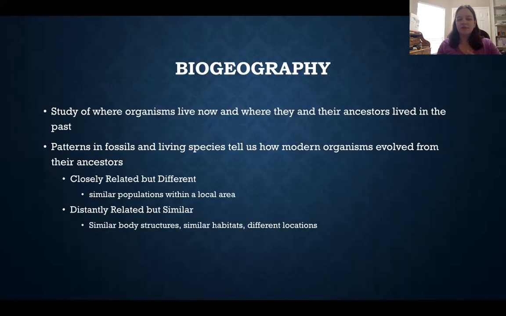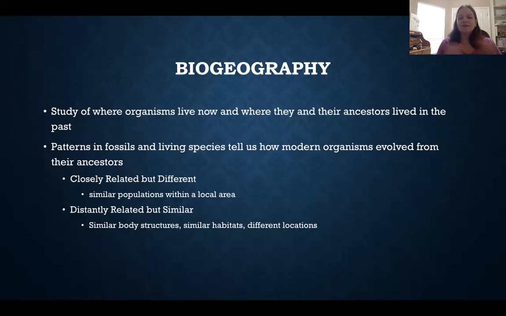So there's closely related but different. Within one area, having populations that are similar, but they're not exactly the same. Okay, so they're closely related, but they have their differences to make them distinctive from one another. And then there's distantly related but similar.